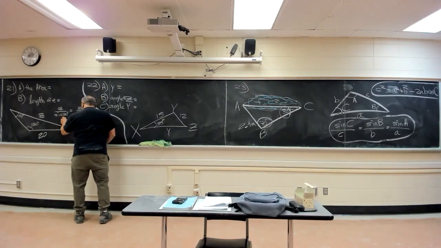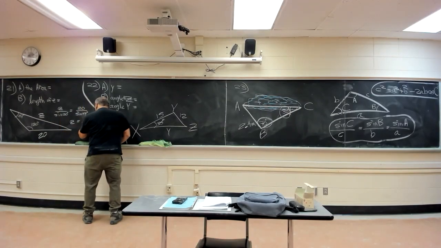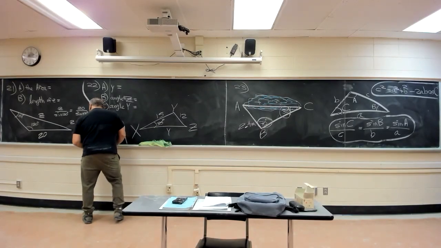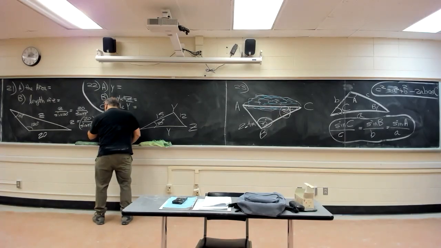If you multiply by the sine of 120 degrees on each side, z is going to equal 20 over the sine of 47 degrees times the sine of 120 degrees.